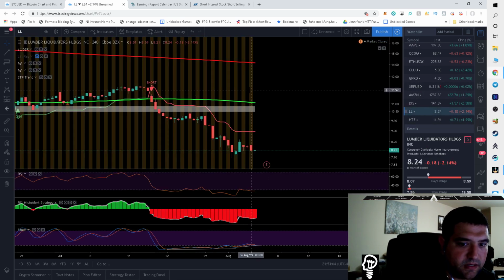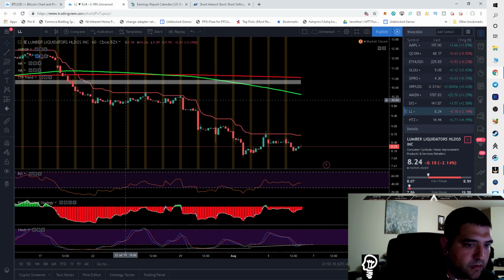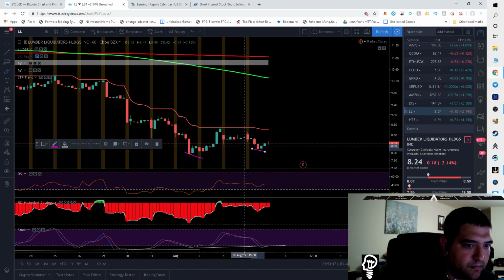I hope this stock does something good tomorrow. It's not looking too good, although I did like this double bottom we got. Alright, bottom, bottom.